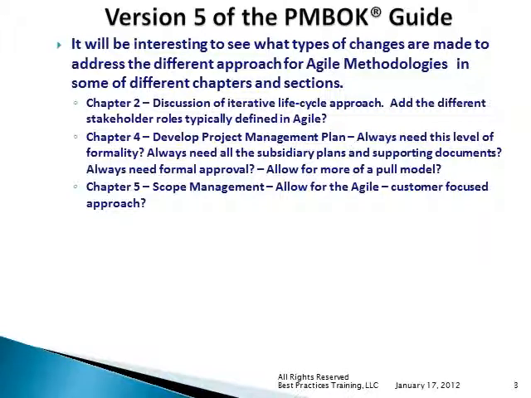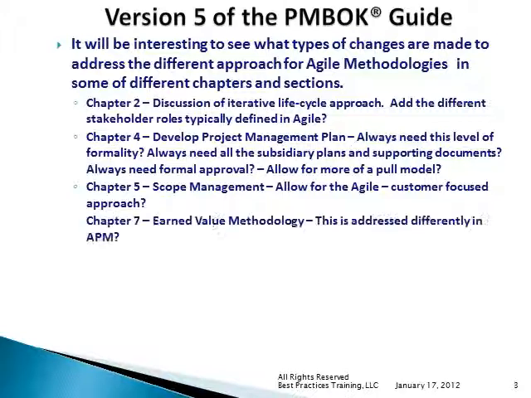But again, there's a more philosophical difference for Agile about how to break down the scope, how to hierarchically break down the scope, and they always keep this very customer-focused reference. So I would add some language, I would add some either tools and techniques, or add some descriptions in these planning processes to talk about the more customer-focused approach in Agile.